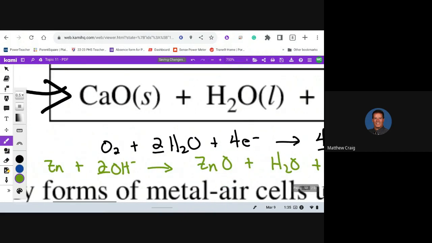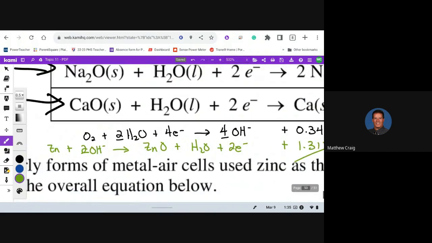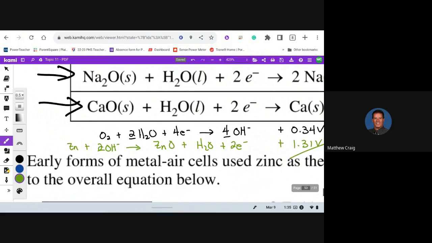Now, let's make sure that this all works out fine and dandy. So if I want to balance electrons, I have 4 electrons up here, so I need to multiply the bottom by 2, so my electrons go away. How many OHs do I now have? 4, they go away.